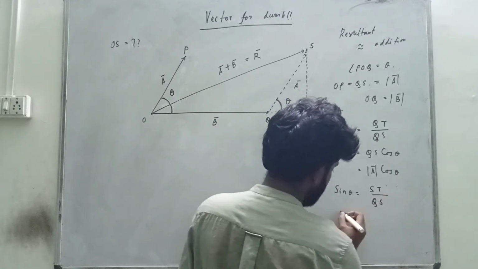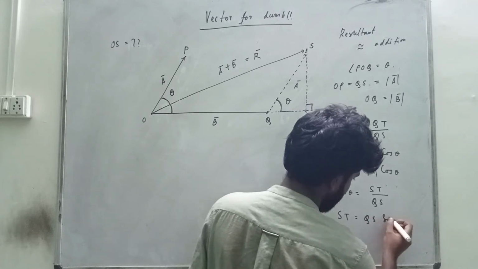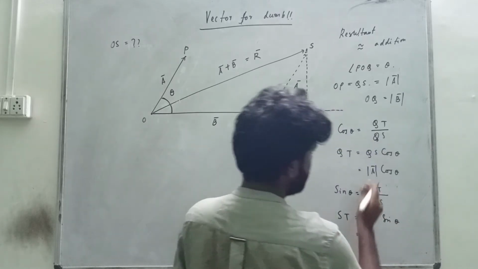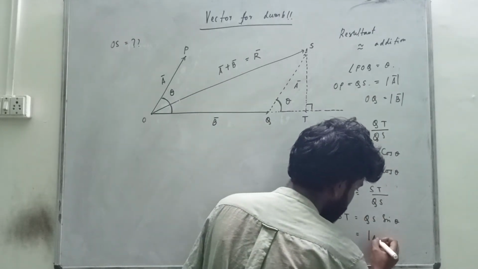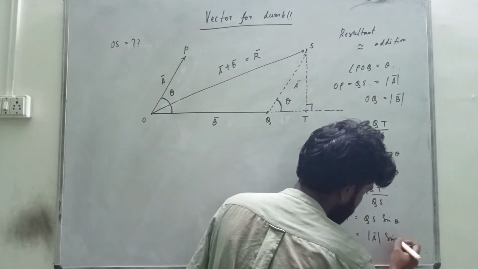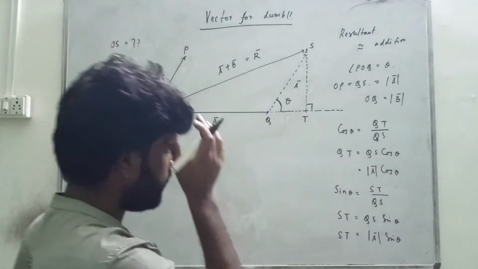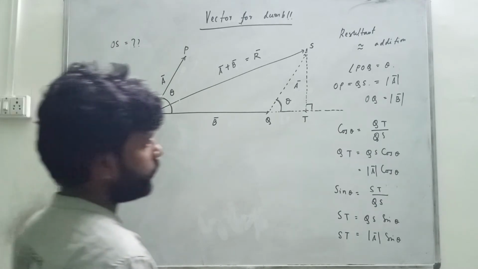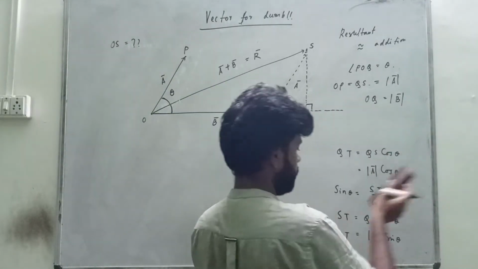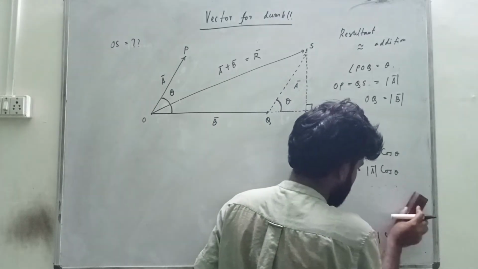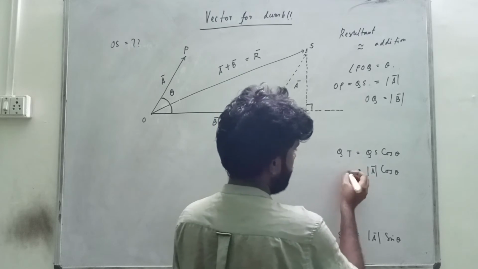So ST equals QS sine theta, and the QS is modulus of A. So it is modulus of A sine theta. These are very crucial results, QT and ST. I just erase all these things and take these results, ST and QT.